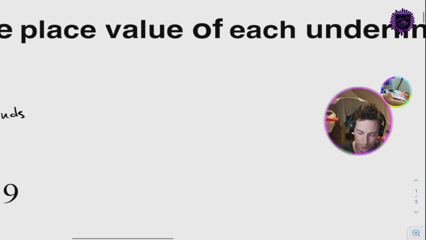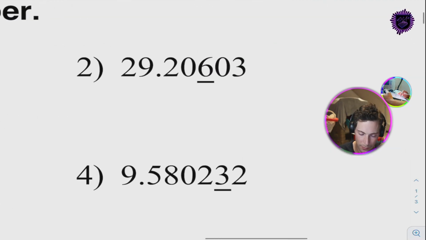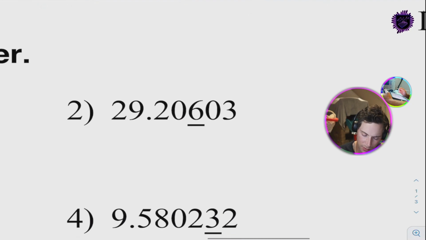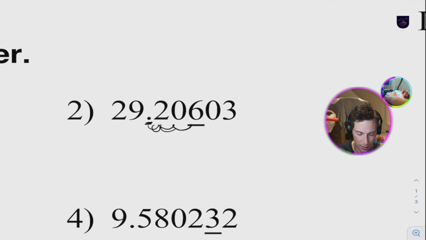Question number 2. All right. Ooh, okay. So there's lots of numbers here, some decimals. Find our decimal. There's our decimal, right there. And we are going to go 1, 2, 3: tenths, hundredths, thousandths.